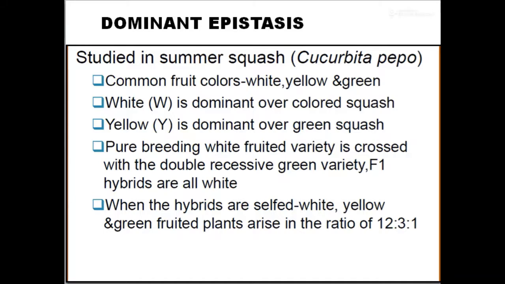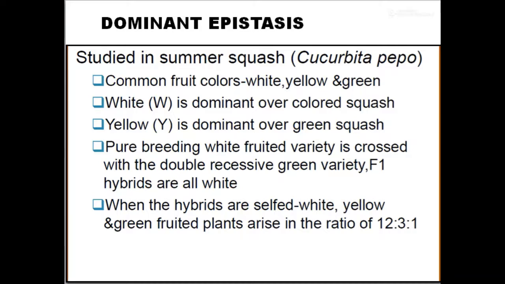A pure breeding white fruited variety is crossed with the double recessive green variety, and the F1 hybrids are all white. So a pure breed of white is crossed with a pure breed of green variety, and you get F1 hybrids which are all white.